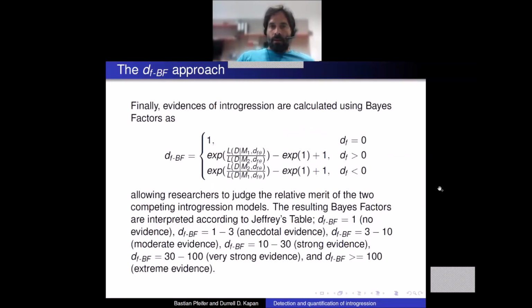Bayes factors are calculated as seen on this slide, and we interpret the values according to Jeffreys' table, which says a Bayes factor of 1 means no evidence. Between 1 and 3, there's some signal. 3 to 10, there's moderate evidence, and from 10 it starts to get strong.